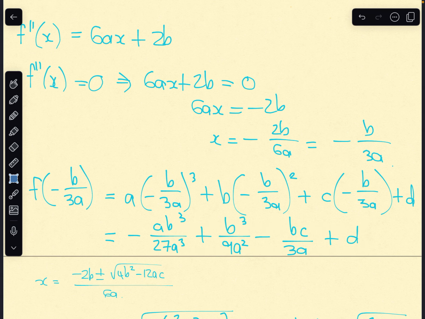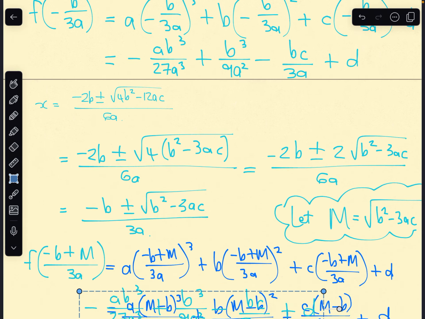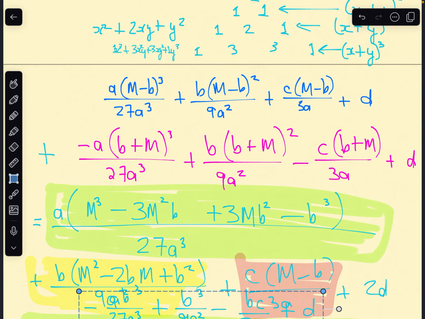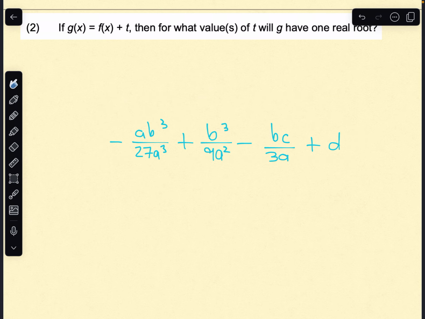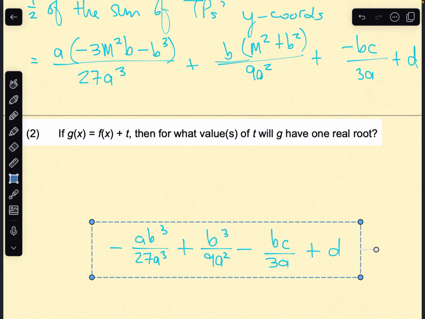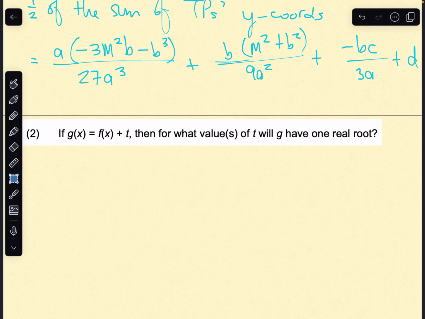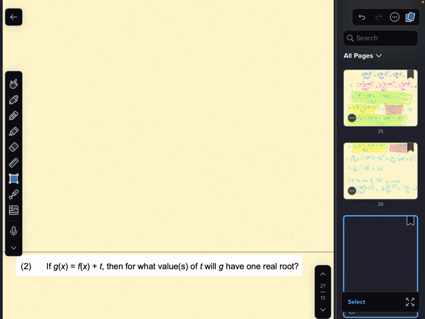I might have assumed incorrectly, or I might have made a mistake somewhere. You know? Okay, wait. I'm going to say cut. I'm going to add one more page, hopefully.